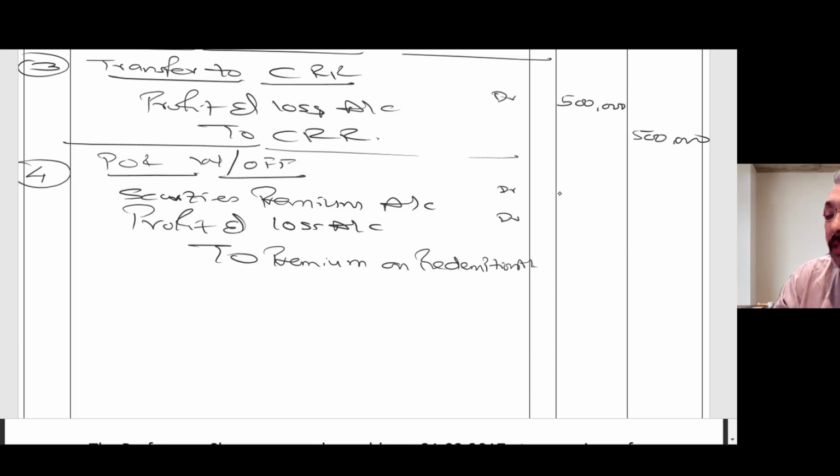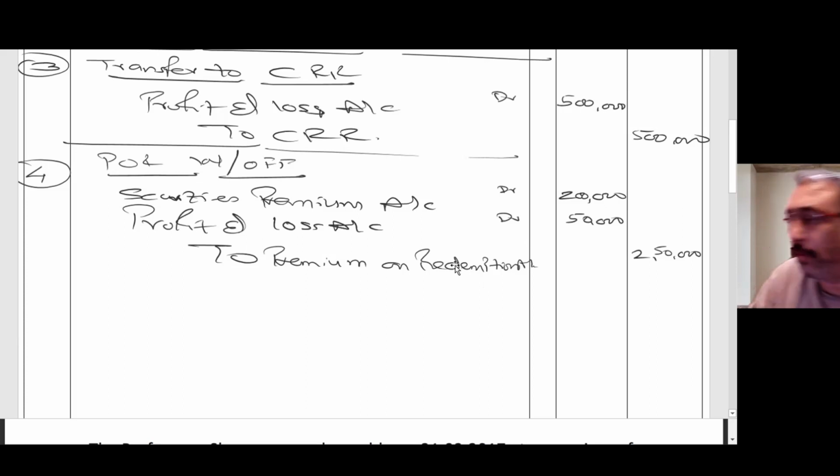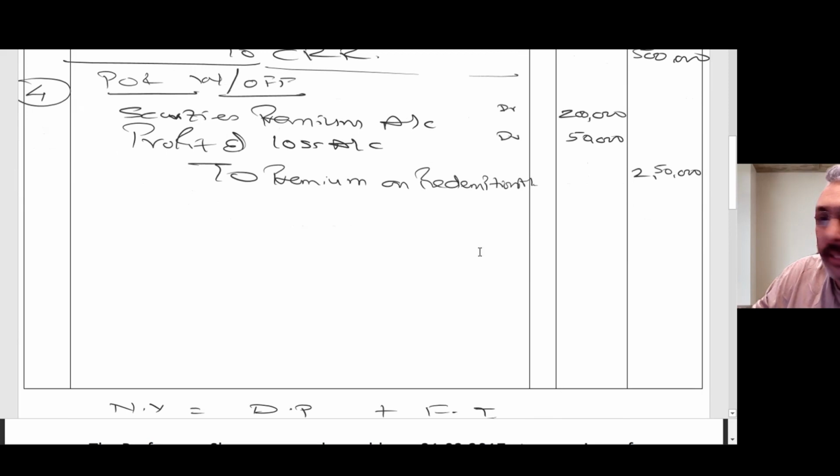So security premium is how much? We'll arrange 2 lakh rupees, which we had received from new issue. The remaining 50,000 we will pick up from profit and loss account. So this will make 2,50,000. It is not mandatory that you should use the profit and loss account. If you use any other DP account, that also will do. तो ये 2 लाख रुपया और ये 50,000 रुपया हमने वहां से ले लिया.